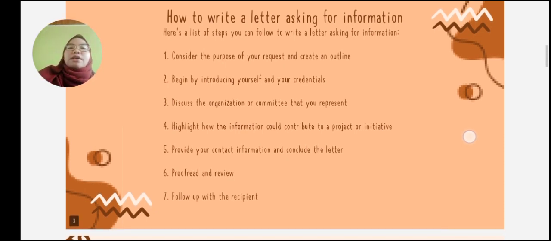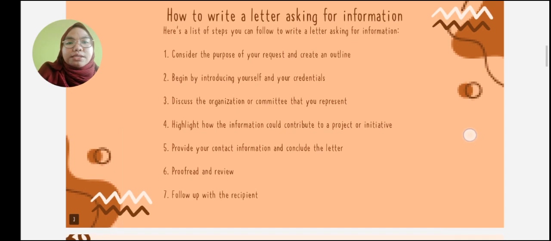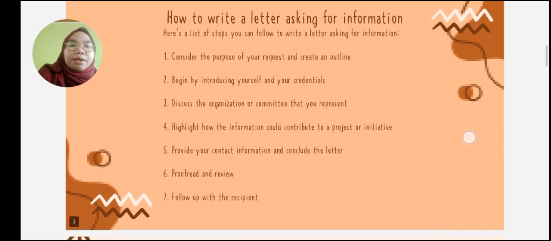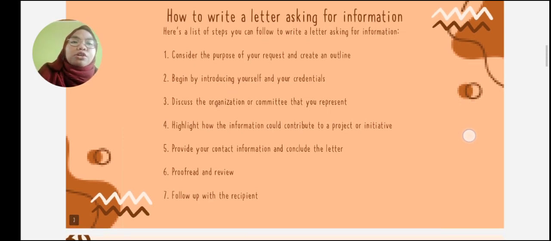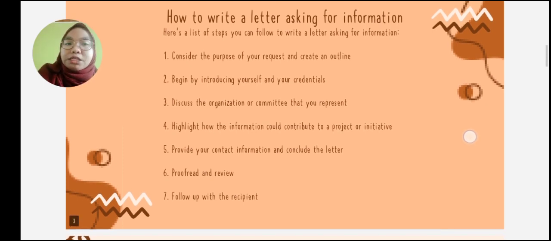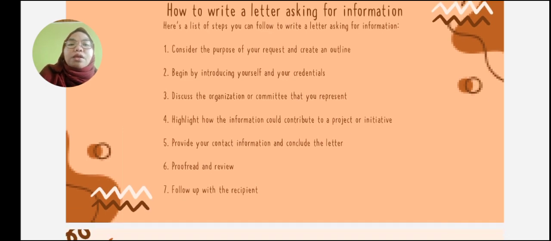Number 3 is discuss the organization or committee that you represent. Number 4 is highlight how the information could contribute to a process or initiative. Number 5 is provide your contact information and include it in the letter. Number 6 is proofread and review. Number 7 is follow up with the recipients.